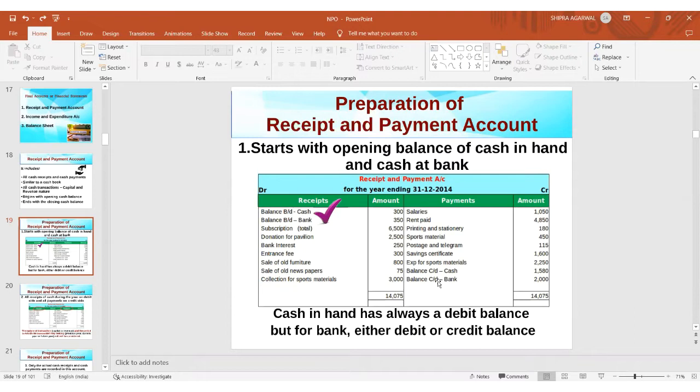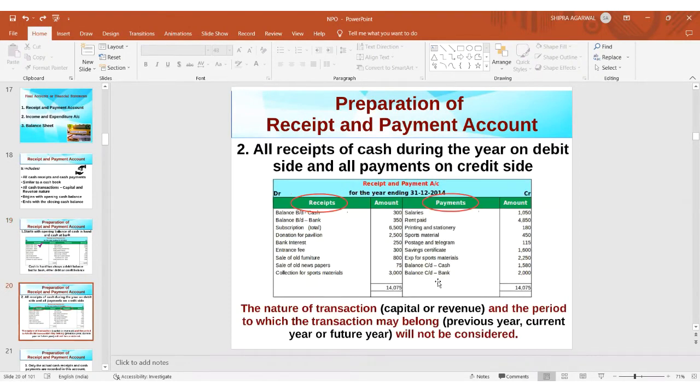So do not take it that bank will always have a positive balance. I'm not saying that it will, but it can have a positive as well as a negative balance. But cash in hand will always be for sure positive. Maximum it can be zero, but nothing beyond zero. No negative figure can be there.